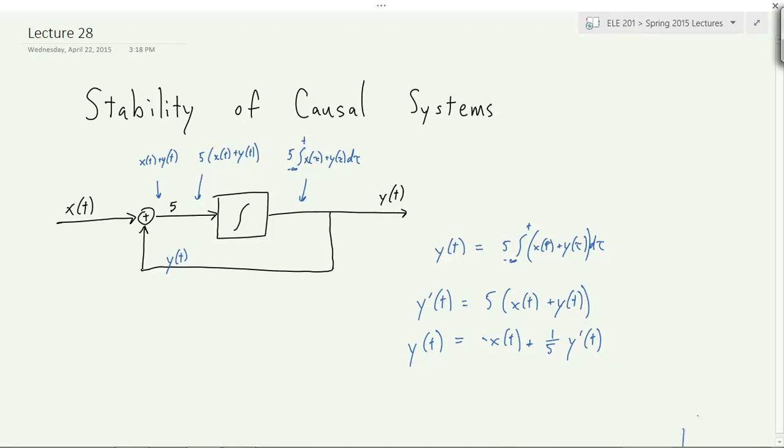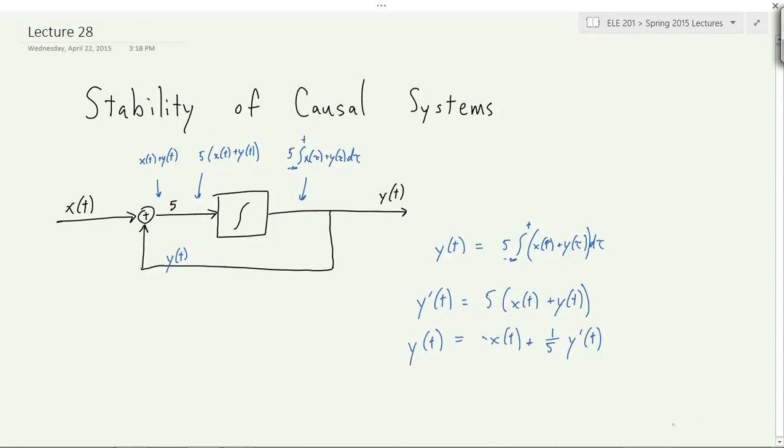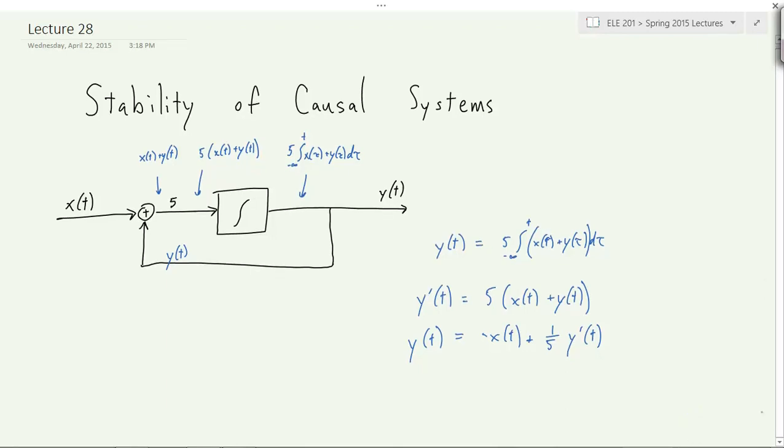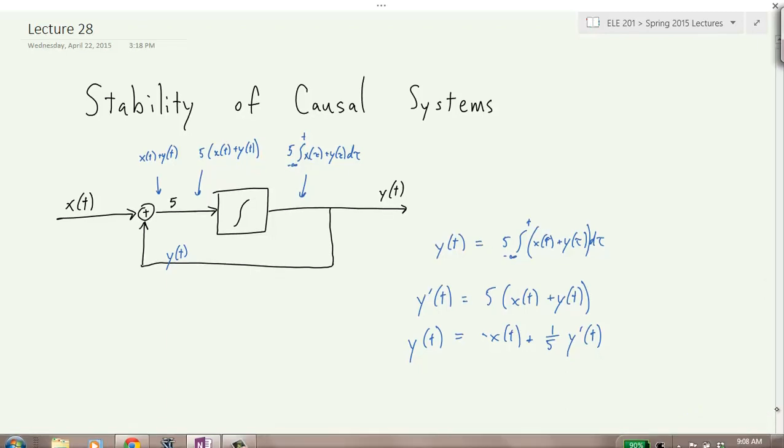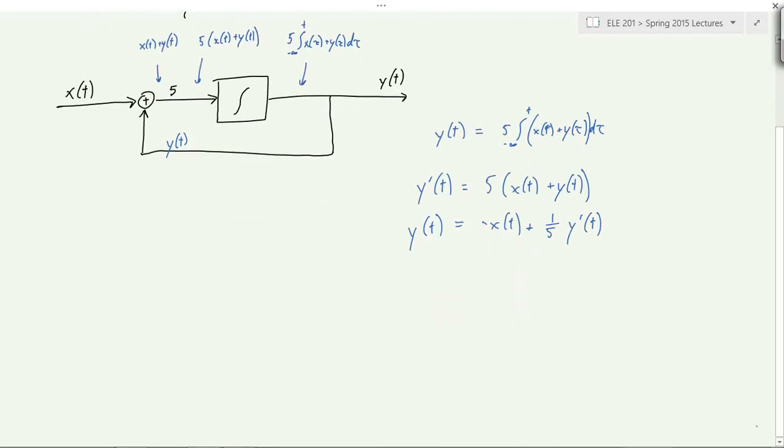Now, this happens to be a simple one, so it may not be too hard to figure out what this is doing. You might expect some sort of exponential growth. But let me point out something important here. This is an LTI system. Everything in here is linear and time invariant.